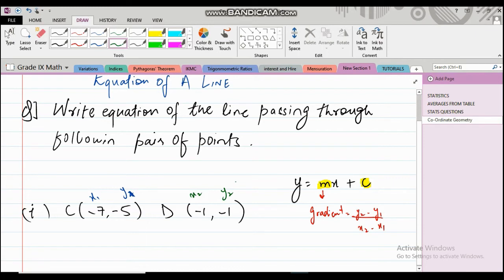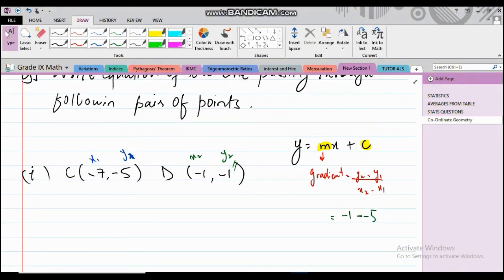Substituting these values into my formula, I get y2 minus y1, that is minus 1 minus minus 5, and my x2 minus x1 is minus 1 minus minus 7.